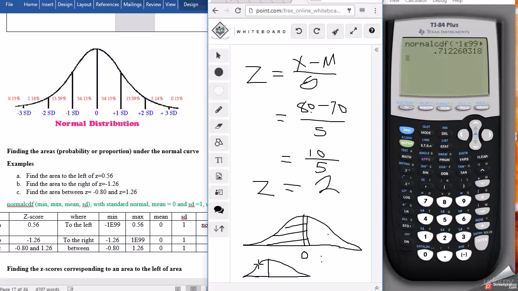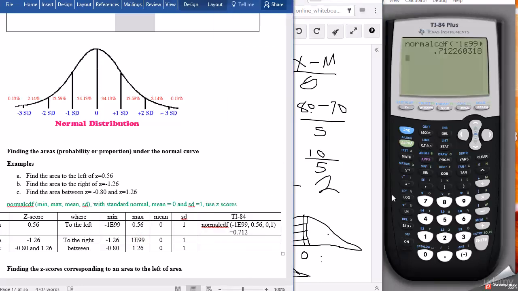So this is where z = -1.26 is gonna be, right here. This is left of the mean. So we are now saying find the area to the right of z. So to the right means everything to the right from that particular z. Okay, so that tells me that the answer is going to be more than 0.5, because this half is 0.5, then plus this area.